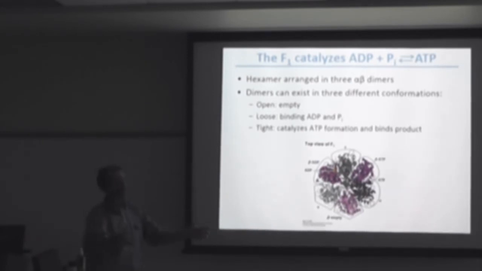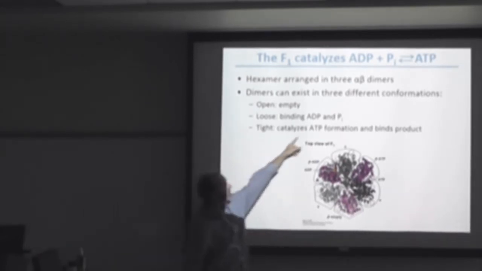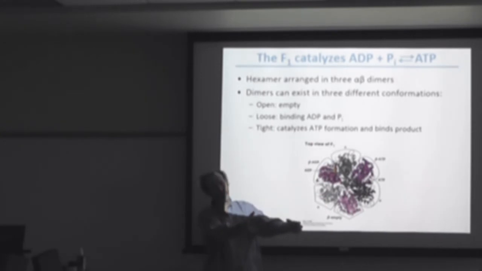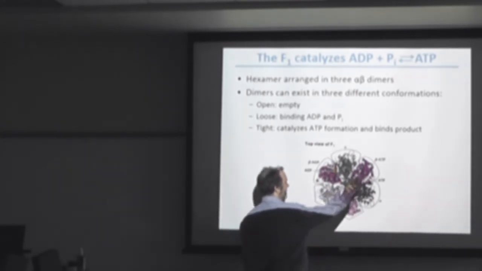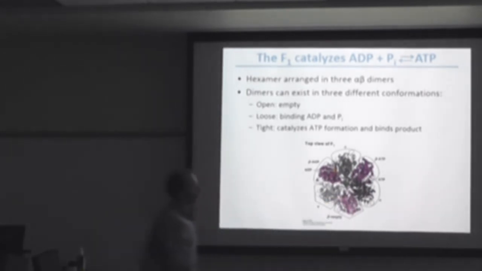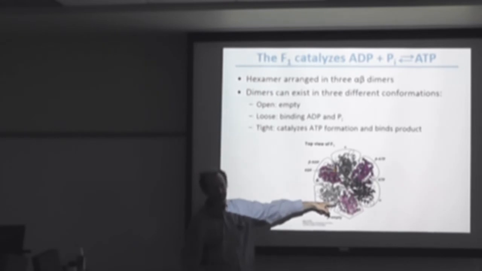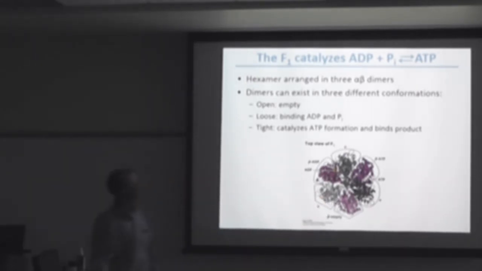It has a high affinity for ATP, so it catalyzes the ATP formation from the phosphate and the ADP. And then it switches conformation again to the open conformation, and then that ATP no longer has an affinity for the ATP synthase, so it'll dissociate from the ATP synthase, and that's how you form the ATP.